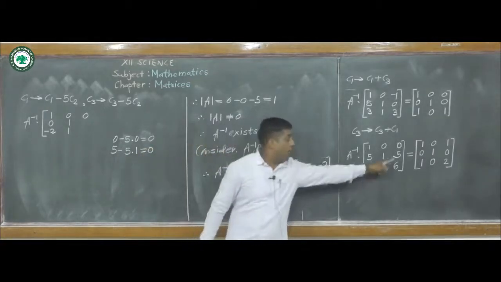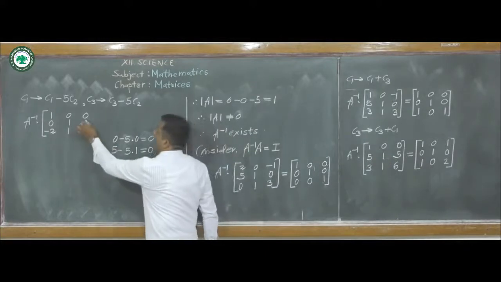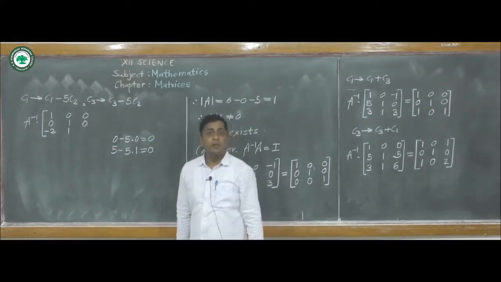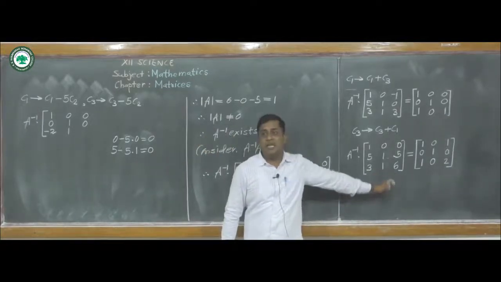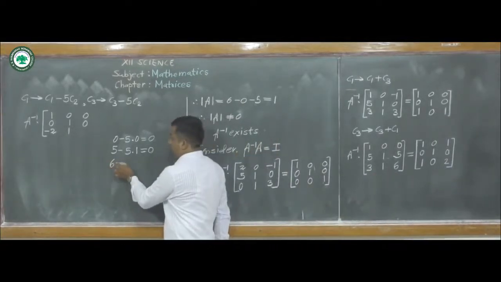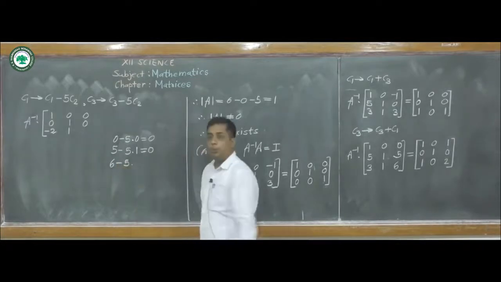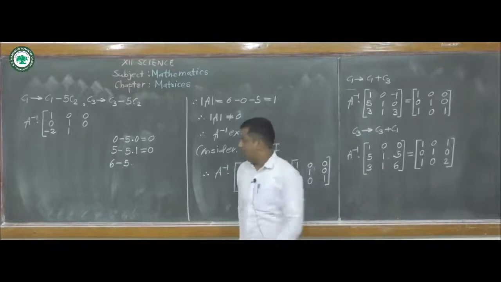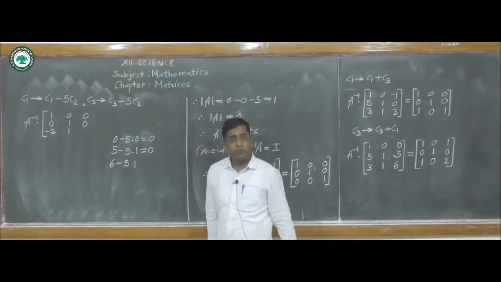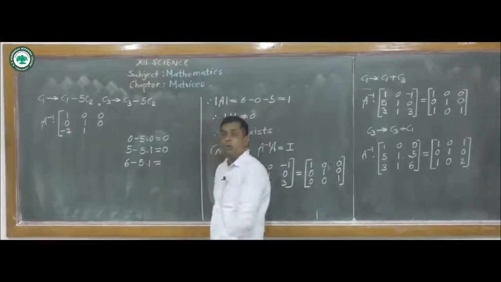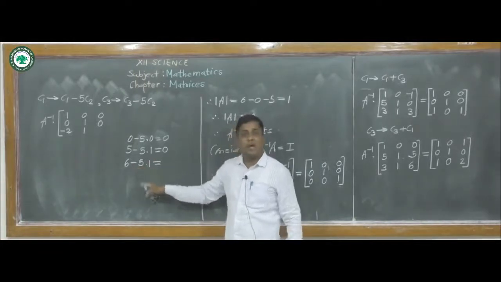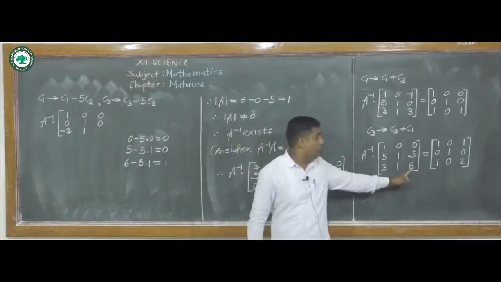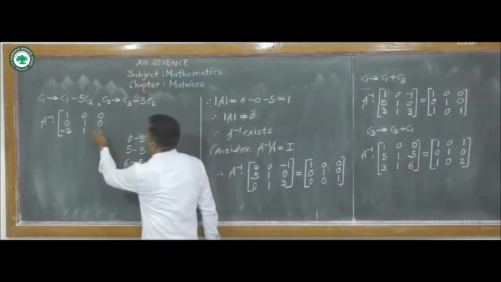So in the position of this 5, we get 0. Now for the last element, the last element of column 3 is 6. 6 minus 5 into the last element from column second, which is 1. We know 6 minus 5 is 1. So in the position of 6, we get 1.